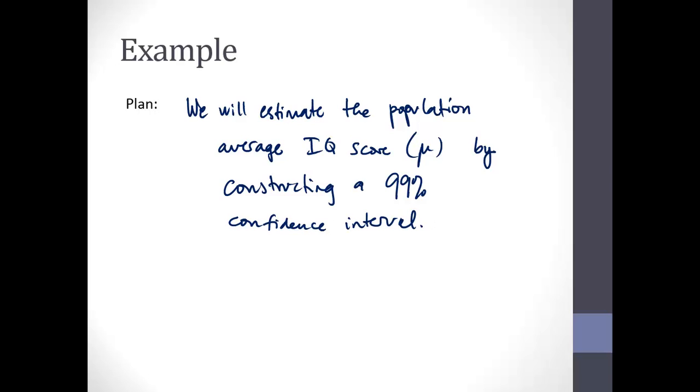We want to know what that population average is, so to give a good guess of what that is, we're going to do a confidence interval. This is just reminding you of the formal process of what we're doing here.